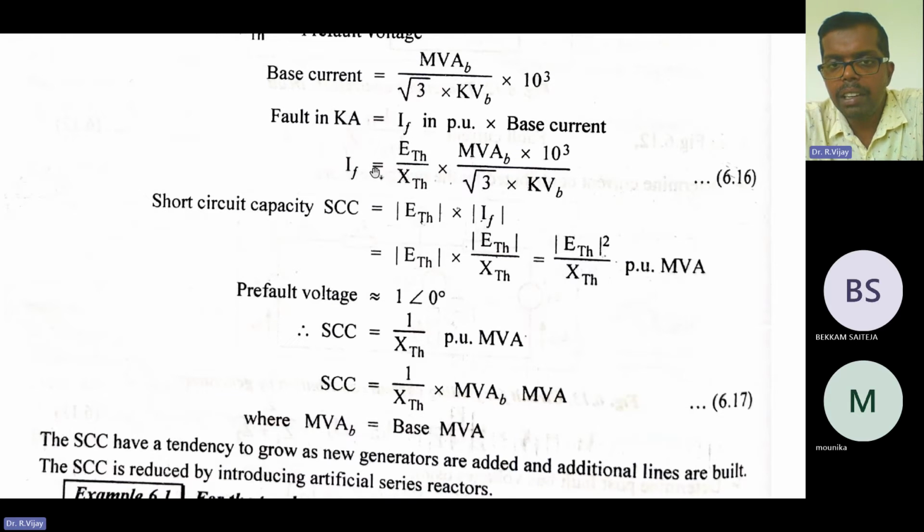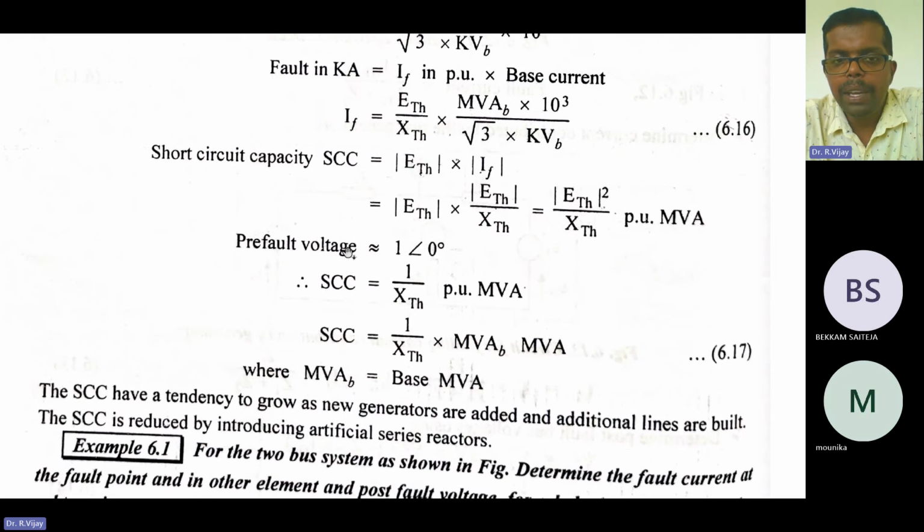That is nothing but E Thevenin the whole square divided by X Thevenin in per unit, into this MVA. Next, the pre-fault voltage, as I said, is nothing but 1 at the angle of 0 degrees. We have seen that before.